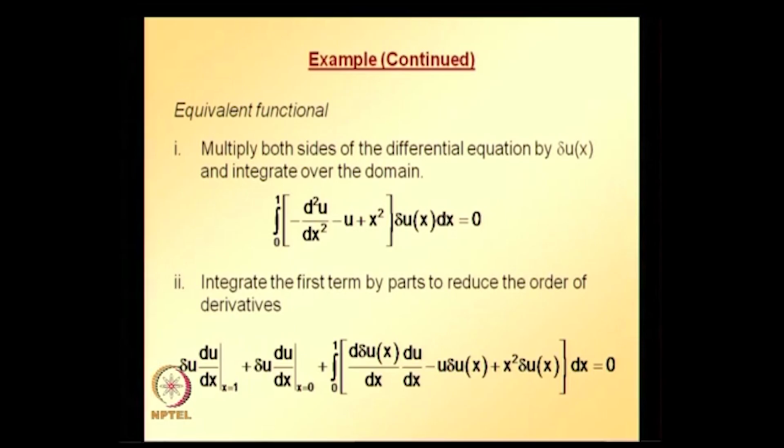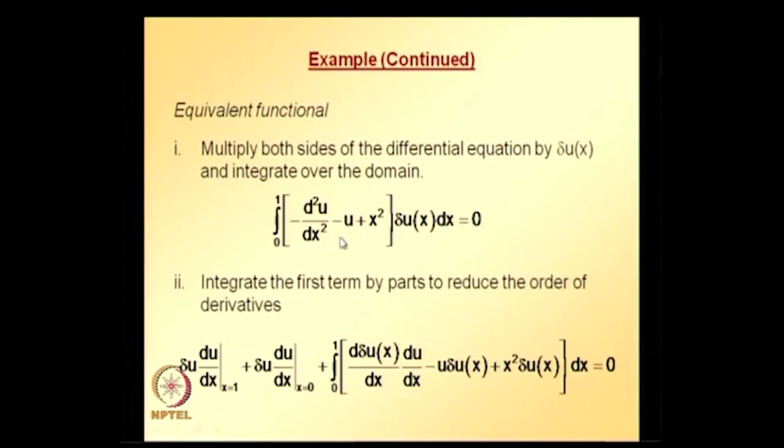The second step in obtaining the equivalent functional is, for any term which has a higher derivative, use integration by parts and reduce it to lower order derivatives. If you see this equation, the first term has the second derivative of u, so we can reduce this second derivative of u to the first derivative of u by applying integration by parts to the first term. That is what is done here.